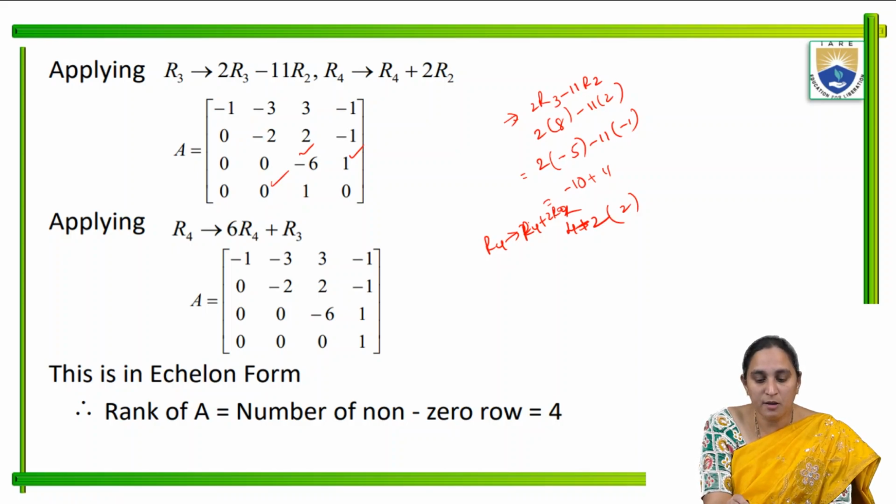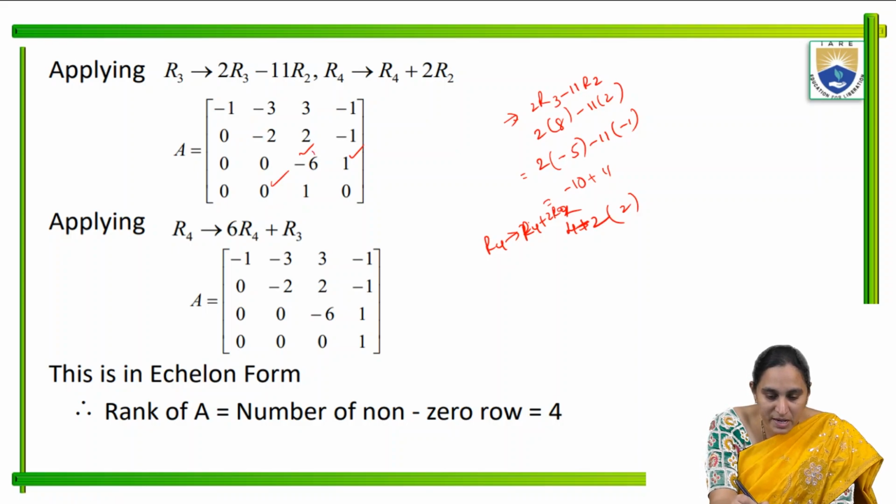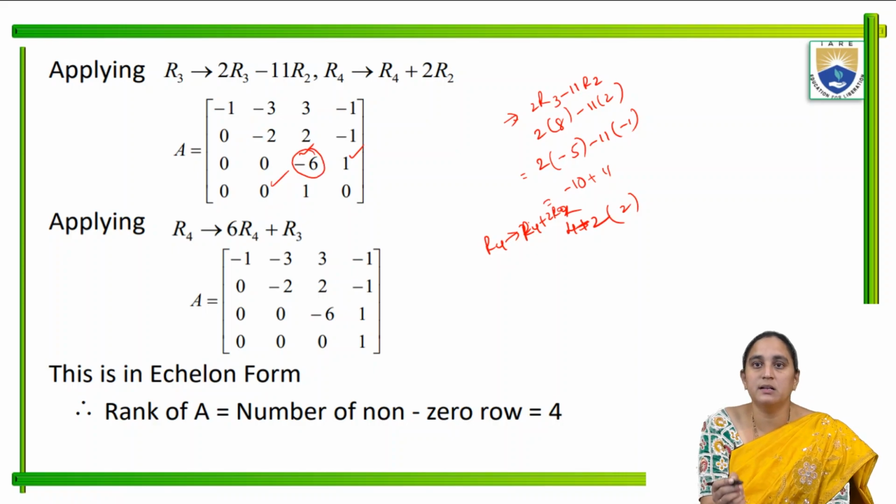And for the last element, R4 plus 2R2 directly gives 0. Applying this with the second diagonal element of the previous matrix, we get that these are completely zeros.